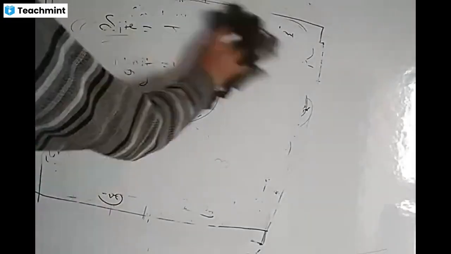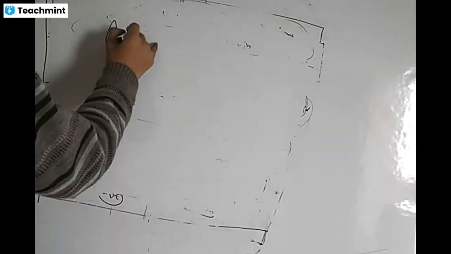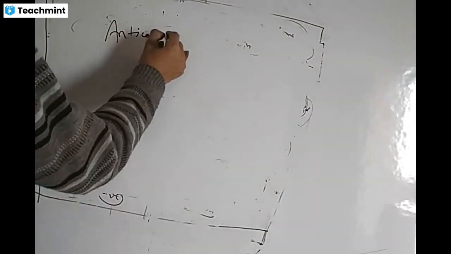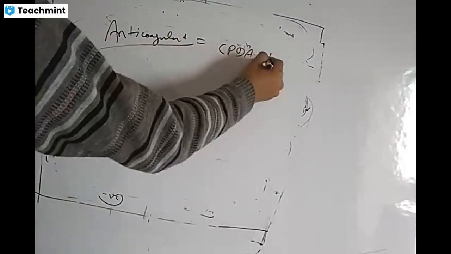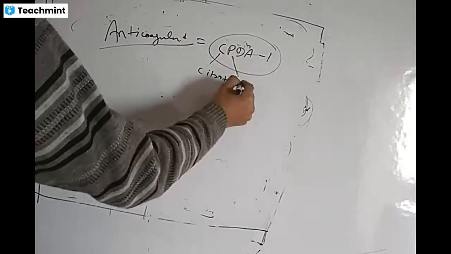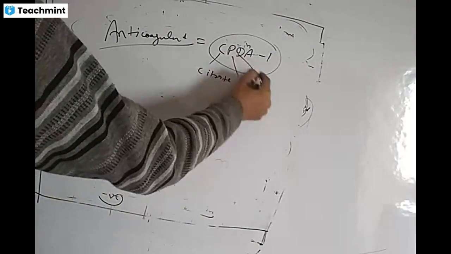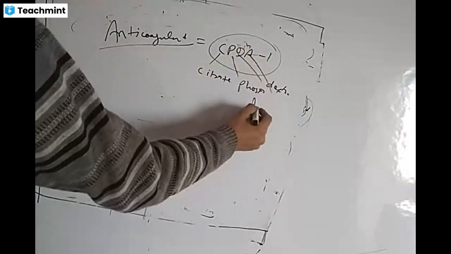After collection, the anticoagulant which we use is CPDA1, citrate, phosphate, dextrose, and adenosine.